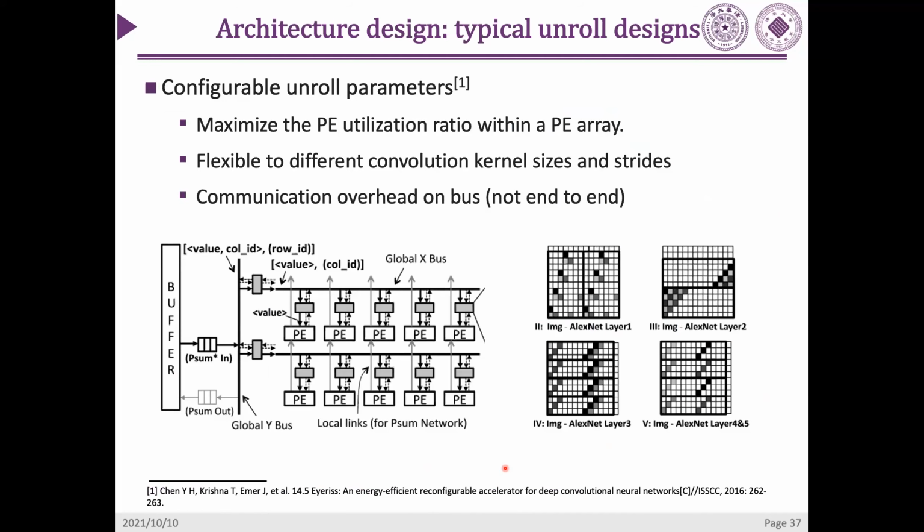And there is also a compromise, the configurable unrolling parameters method, to maximize the PE utilization with a PE array. It is quite flexible to different convolutional kernel sizes and strides, but the communication overhead on these buses is quite large.